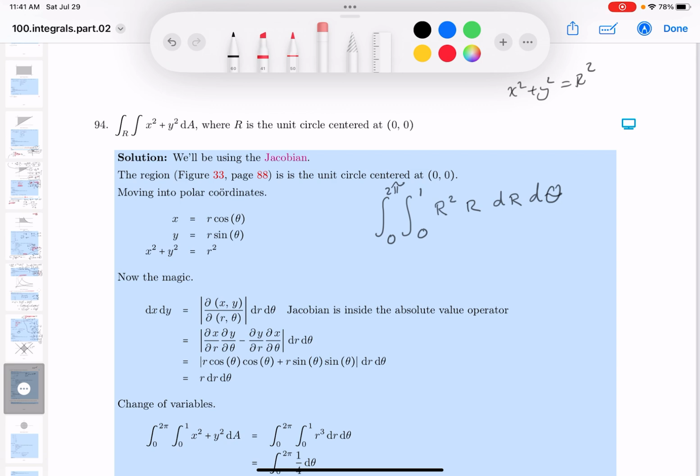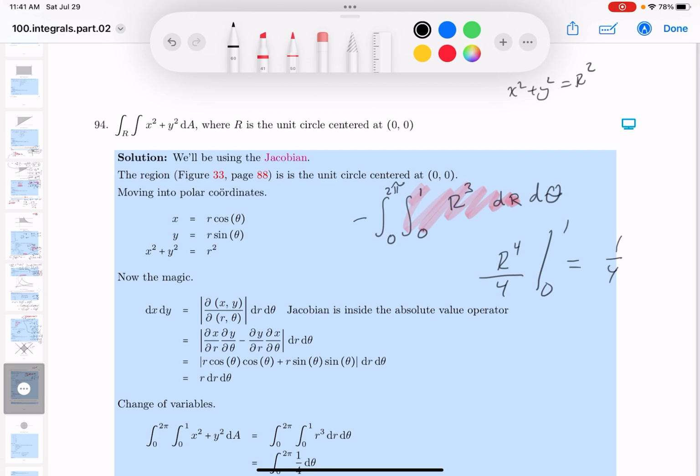Let me erase my picture and get busy with the integration. r squared times r is just r cubed. I want to do this integral first. Can I do it? Yeah. What do you get? r to the fourth over 4, from 0 to 1, and that would just give you 1/4.